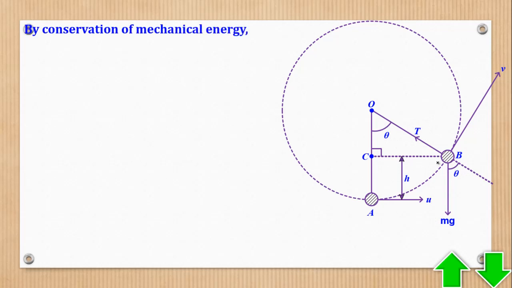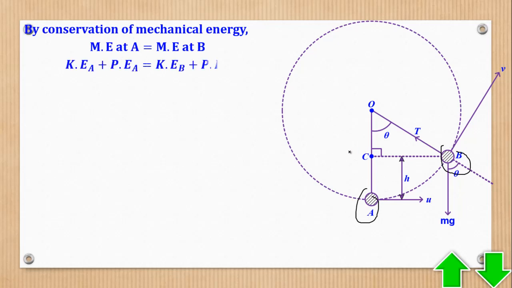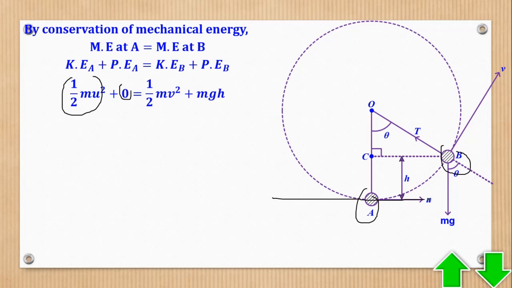With that, we can start by saying conservation, because we said mechanical energy is conserved. That means that mechanical energy at point A is equal to mechanical energy at point B. Remember that mechanical energy consists of kinetic and potential energy. At point A, kinetic energy is this, but potential energy is 0 because this is the lowest point and it is used as the reference point.